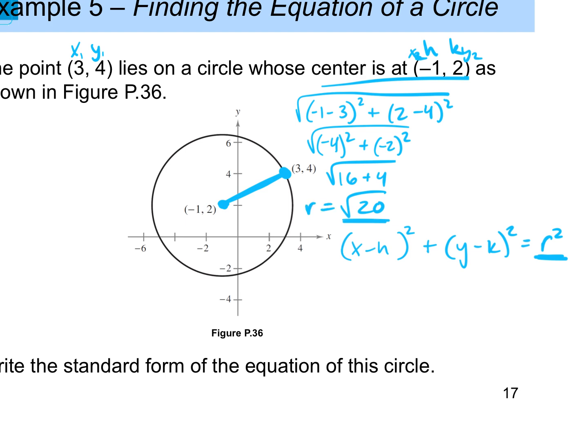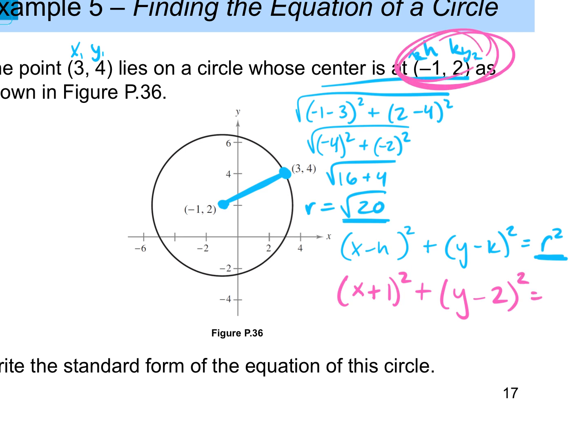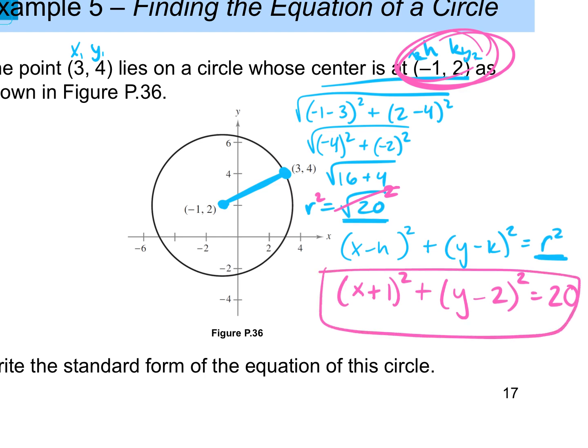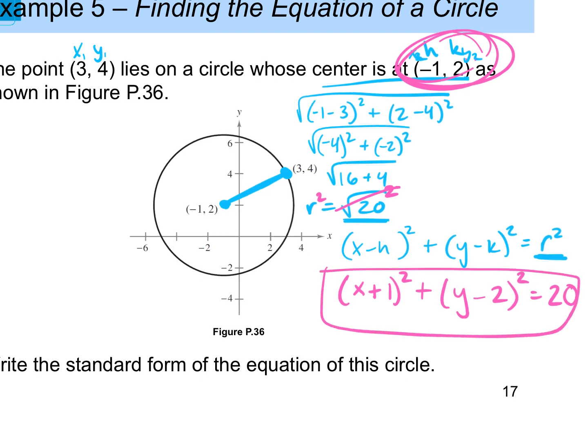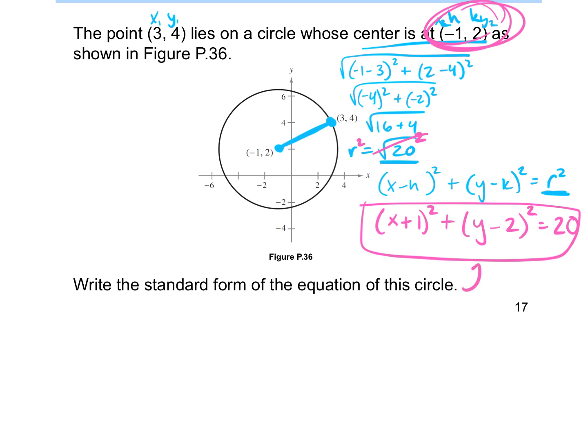When we plug in our h and k, we have x minus negative 1, so it turns into (x plus 1) squared, plus y minus k would be (y minus 2) squared. Our k was 2, so we're using our center here. It's equal to r squared, so we'd square both sides of our radius, the square root cancels out, and it's equal to 20. That would be our equation of the circle, the standard form of the equation of a circle.